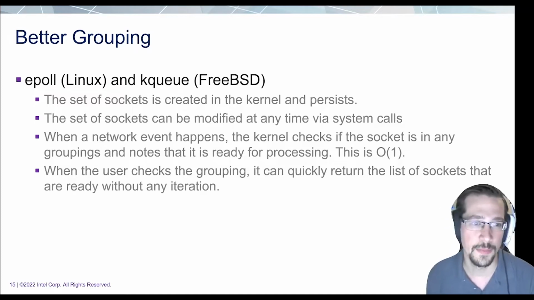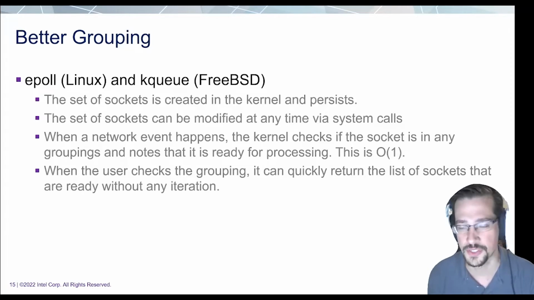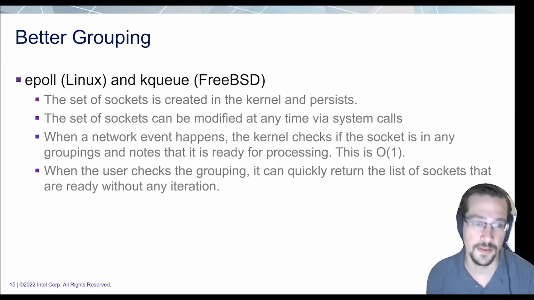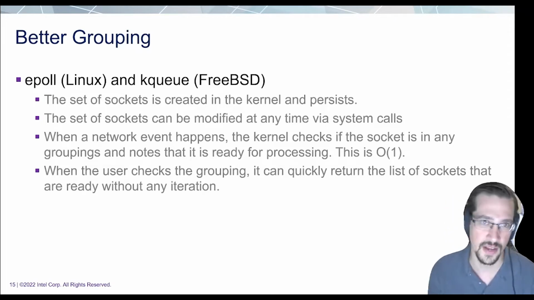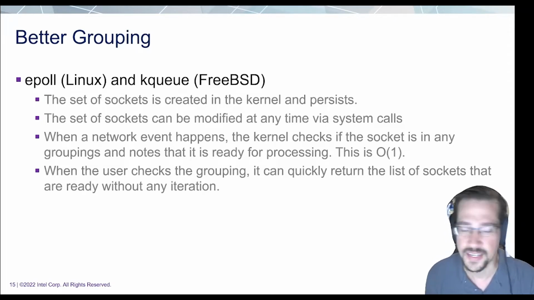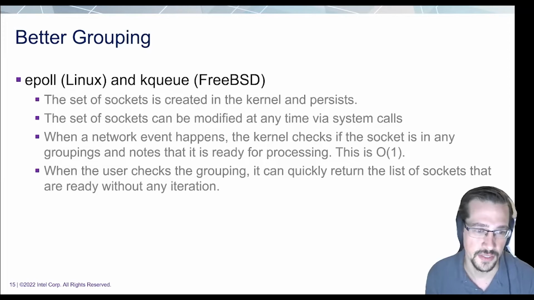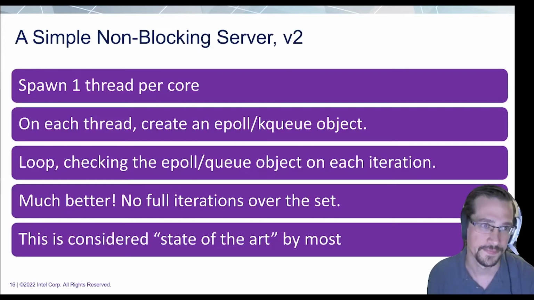And then later, when the application comes in and checks the set for which sockets have data waiting to be received or are ready for a send operation, it already knows the answer. It's already been marked on that grouping, and it can just return very quickly and tell you, here's the set. So this is wildly better.